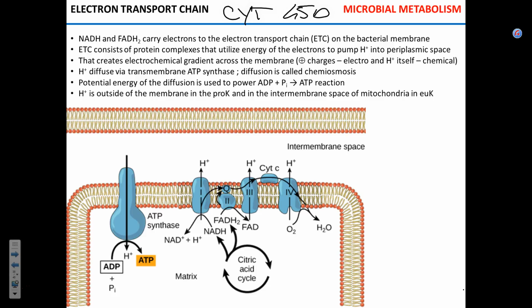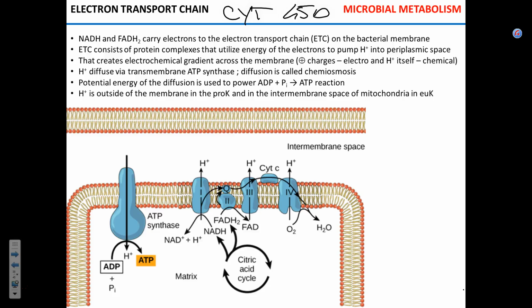Okay. So those cytochromes are like steps of a ladder. Imagine that you have a ball and you are at the top of the staircase. You release this ball and it jumps from step to step. By the end of the staircase, it gains some momentum. It carries energy with it.